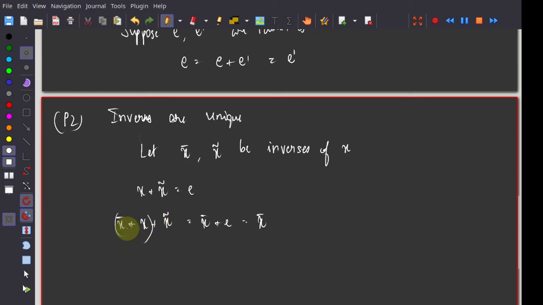So you're using associativity here. So this is basically what you're doing. Equal to x bar plus x tilde, which is equal to identity. You agree?